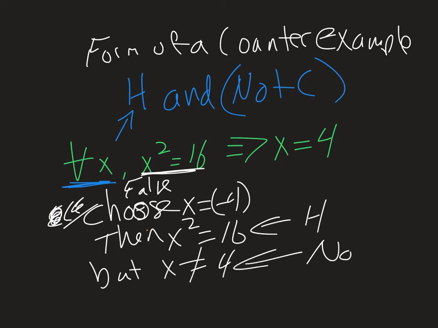There's my not C. Now, in mathematics, "and" and "but" are totally equivalent. They're interchangeable. They mean the same thing. It's kind of a weird thing in mathematics, but they both have the same effect in a mathematical sentence. So this would be a way to represent a counterexample for this situation.